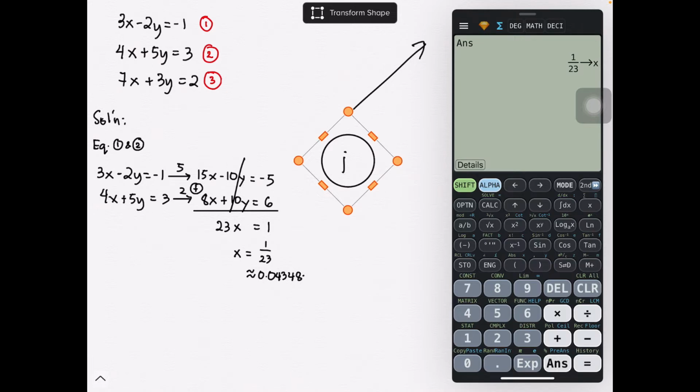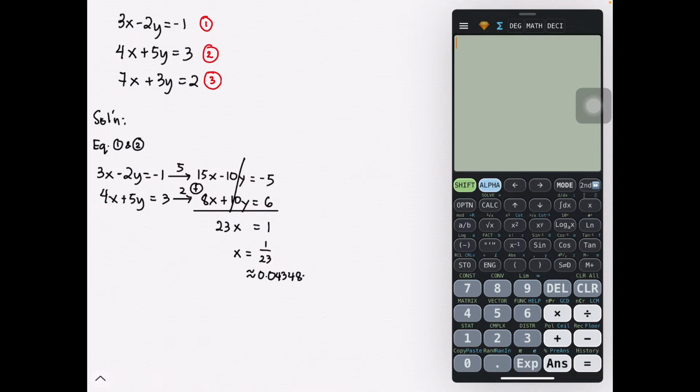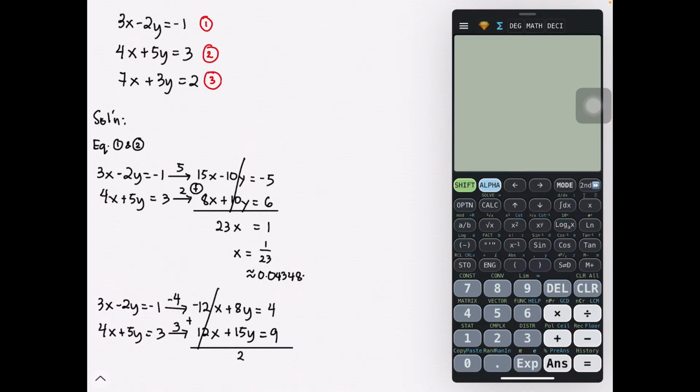Yes, that's a raw video, so please bear with me, okay? Let us save as well the value that we obtained for variable y.